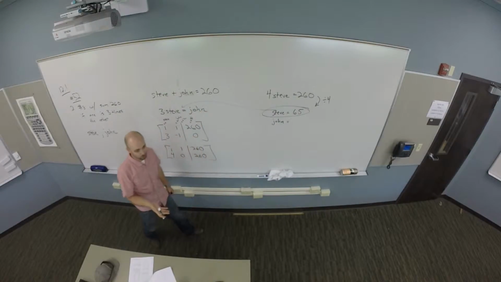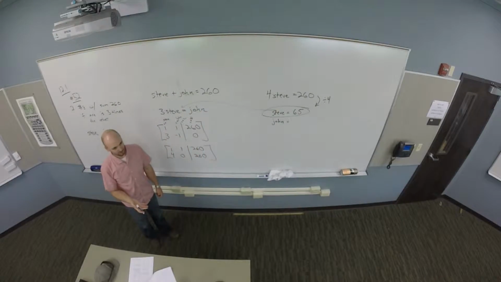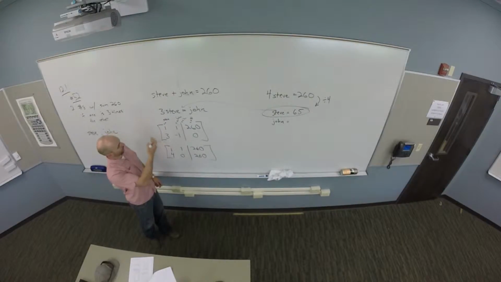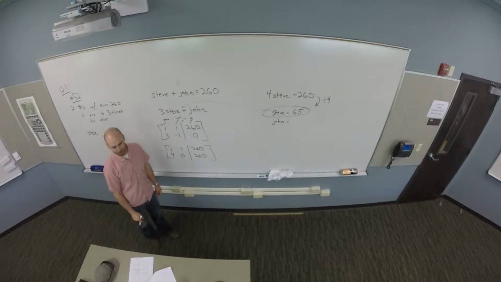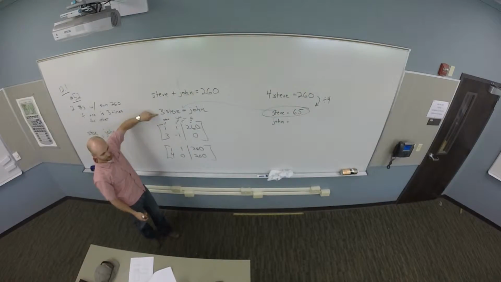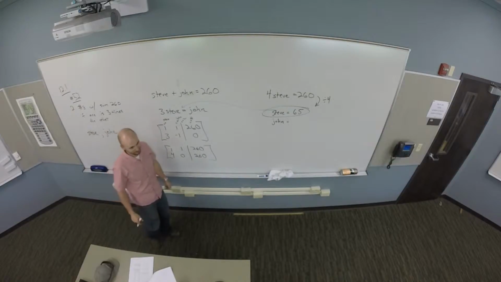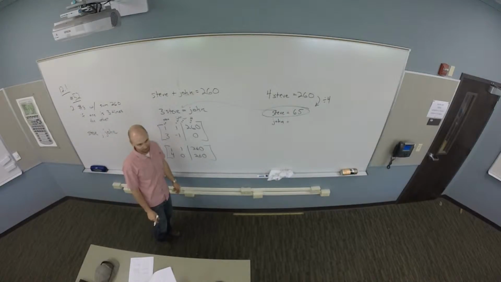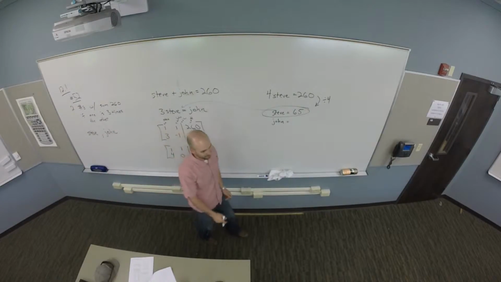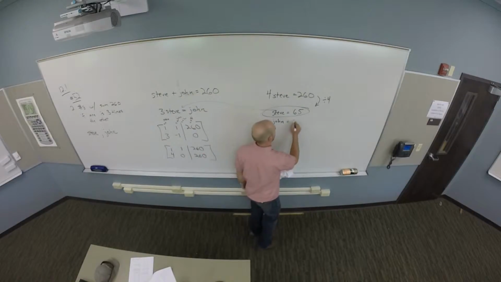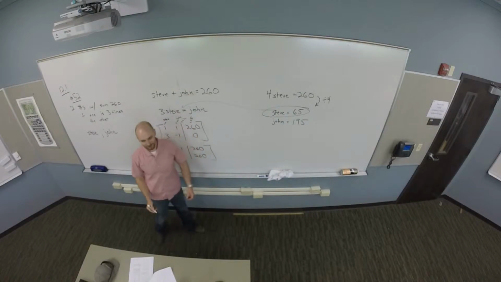That's back substitution. You could stick it in the top one. It doesn't matter, they're both one operation. Here I have to subtract, there I have to multiply, half a dozen of one, 6 of the other. So what do you get for John? 195.